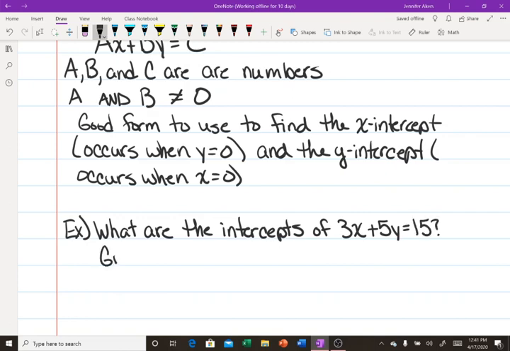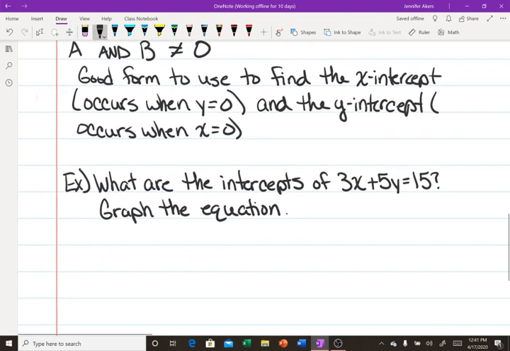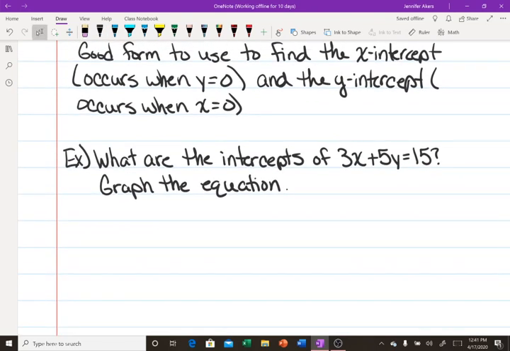Then graph the equation. It does not matter which intercept you start with. You can start with the x-intercept or the y-intercept. I'm going to start with the x-intercept.